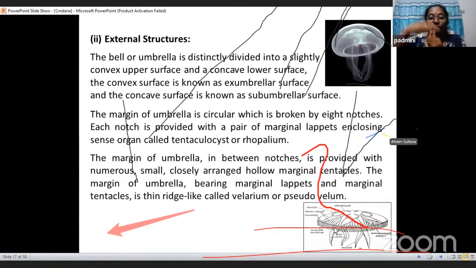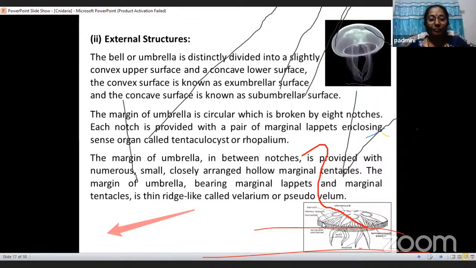Make a note of this, rhopalium. The margin of the umbrella in between the notches is provided with numerous small, closely arranged marginal tentacles. Now you can see the small tentacle-like structures. These are the marginal tentacles, and the margin of the umbrella bears marginal lappets. In between the lappets you have those tentaculocysts.